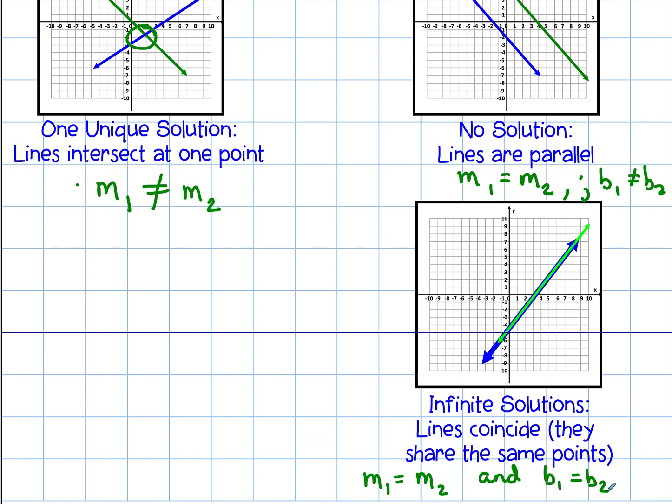It's just that when you are given the equations, one probably had a formatting that was different than the other, so you maybe have not recognized it until you graphed it. What we call this is coinciding lines. The lines coincide, or they share all the same points. So coinciding lines, or the lines being exactly the same when you graph them, have infinite solutions.